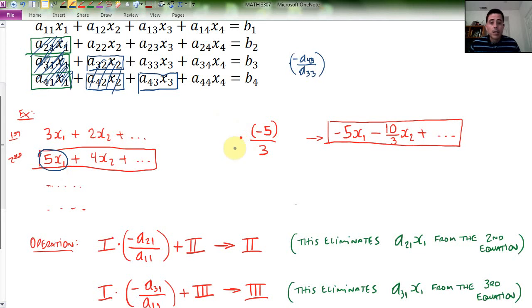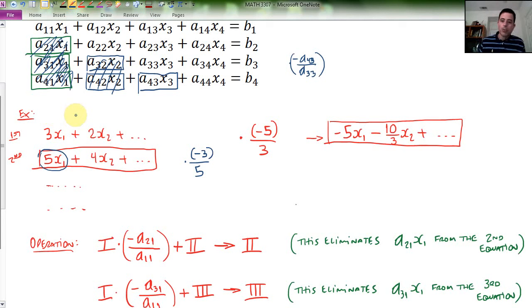Another way you can do that is to multiply the second equation by the reciprocal of 5, and then multiplying by the opposite of 3. Then we would multiply the second equation by that factor, and add it to the first equation and replace the first equation.